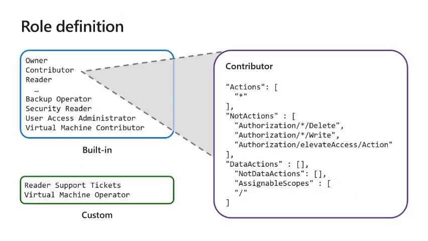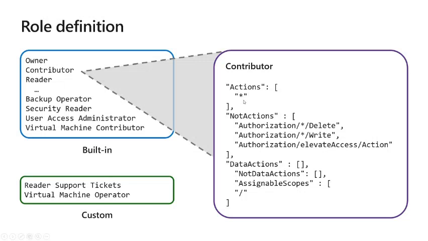So what is a role definition? You have certain roles, let's say owner, contributor, reader, backup operator, security reader, and then owner has its own definition, contributor has its own definition, and reader its own. So if we check the contributor's definition, then you have actions, what it can do.